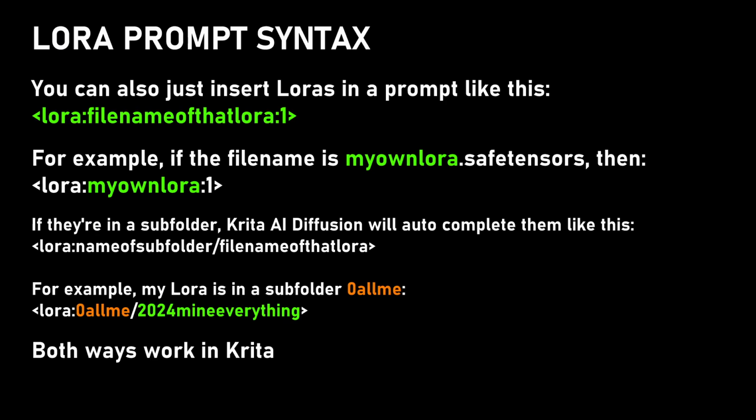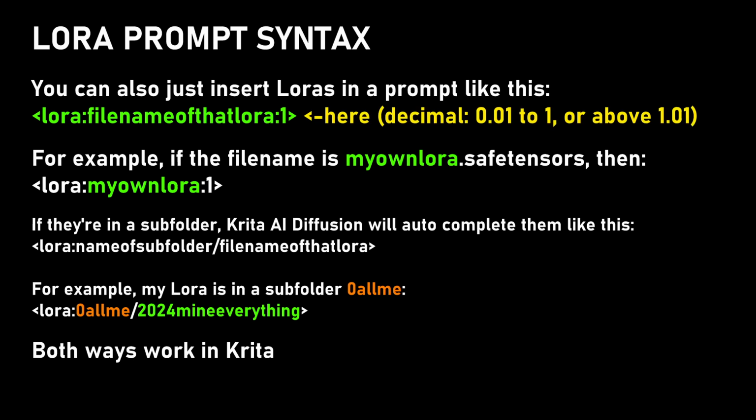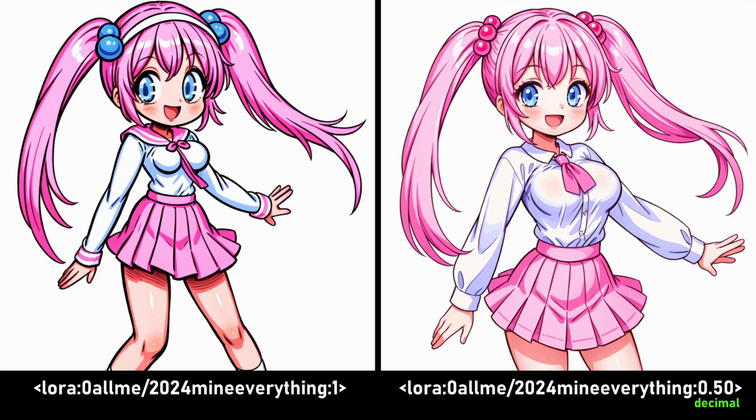Note that this isn't the only way to add Loras. You can also insert Loras directly into a prompt with this format on screen. The strength number here can be changed from 1 to a lower decimal. The default of 1 will apply a Lora at 100%, or, quote, full strength. Setting it to 0.50 will apply it at half strength.